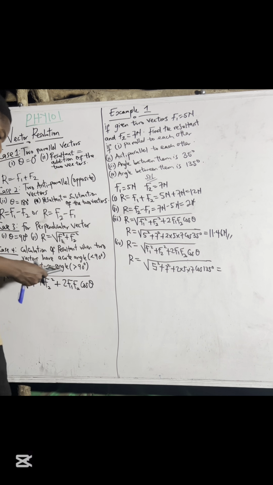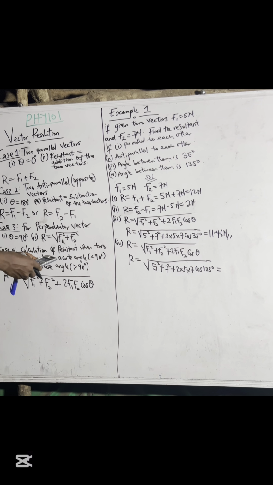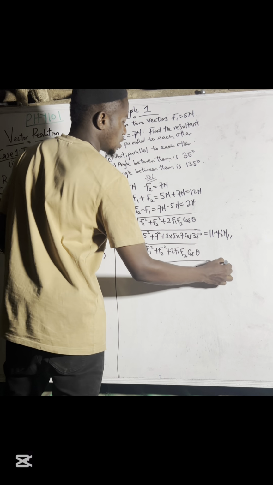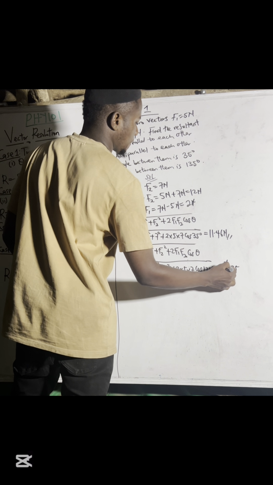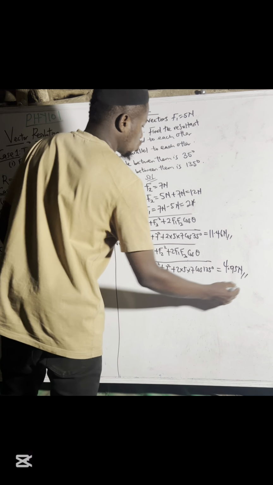So on your calculator, press square root 5 squared plus 7 squared plus 2 times 5 times 7 times cos 135, close the bracket. That is equal to, you're going to get 4.95 Newton. So that's how to do it.